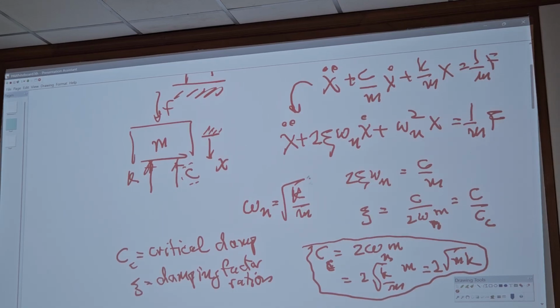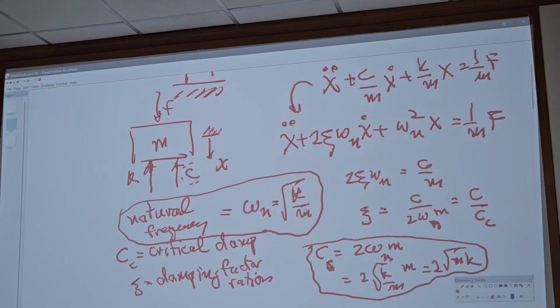And in this one, omega n we call the natural frequency.